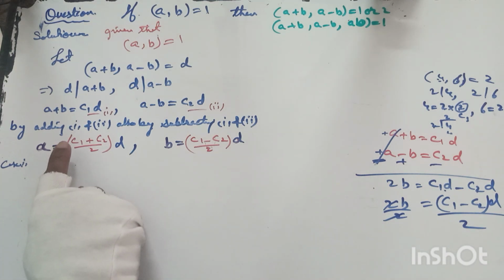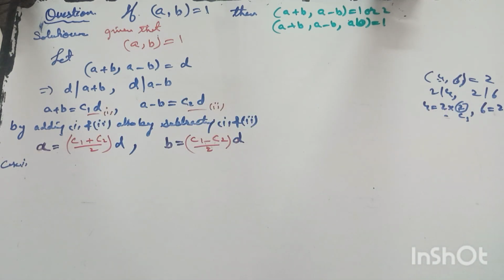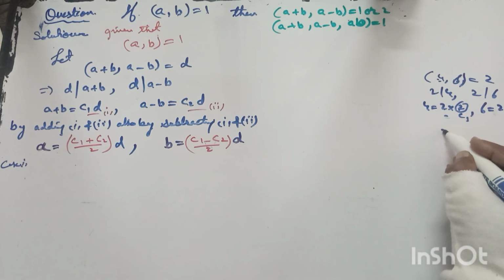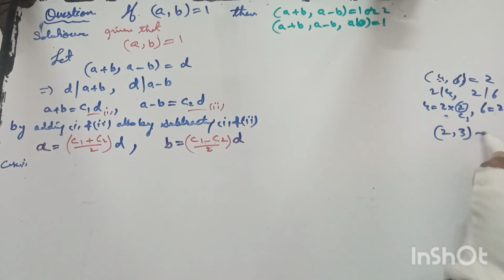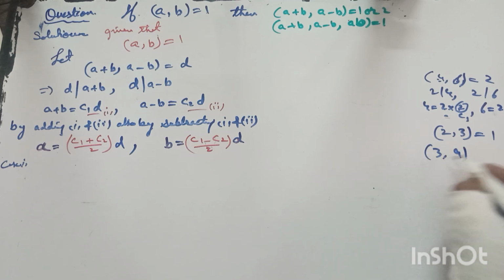I have C1 and C2, two numbers, and from here you can see that 2 and 3 are relatively prime. It is a must that you take any two numbers, say 3 and 9, having GCD 3.